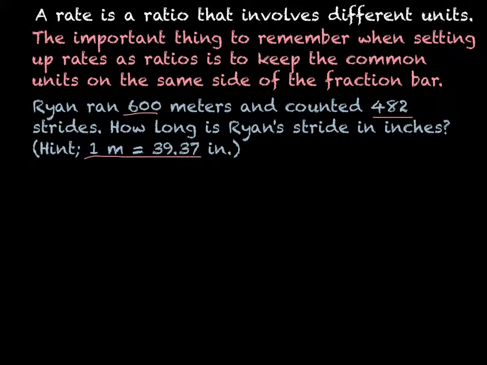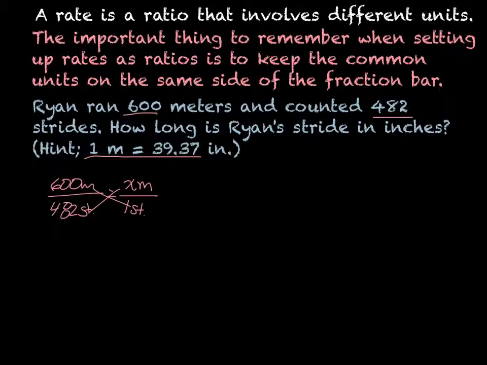So this is a two-step problem here. We start by figuring out how many meters is in one stride, and then we can go in and find inches. So first step is to write 600 meters in 482 strides. All right, and that's going to be equal to how many meters in one stride. So I solve my proportion here.